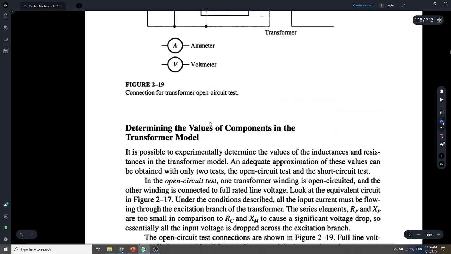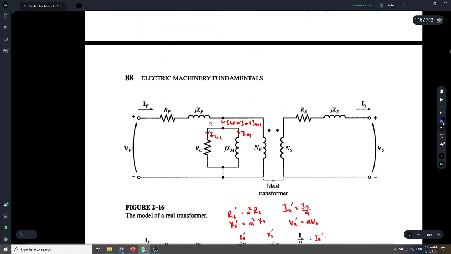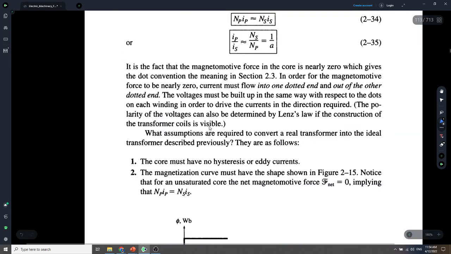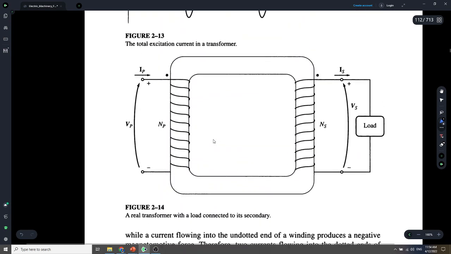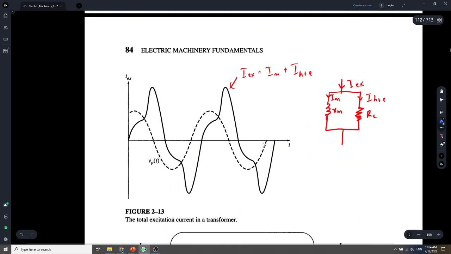Okay, I excitation, mana graf dia? Okay, I excitation ni, so this is voltage kan, so this is the I excitation. So I excitation we can see is lagging from the voltage.